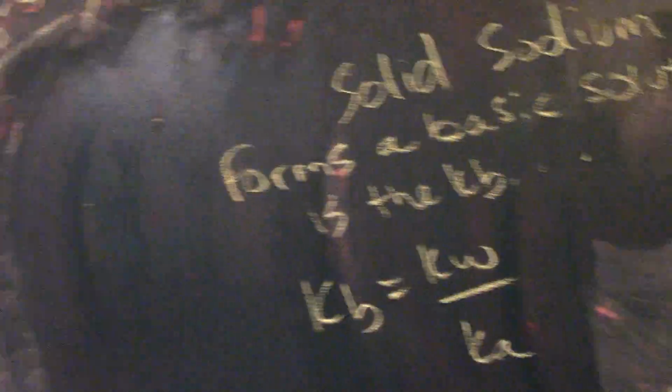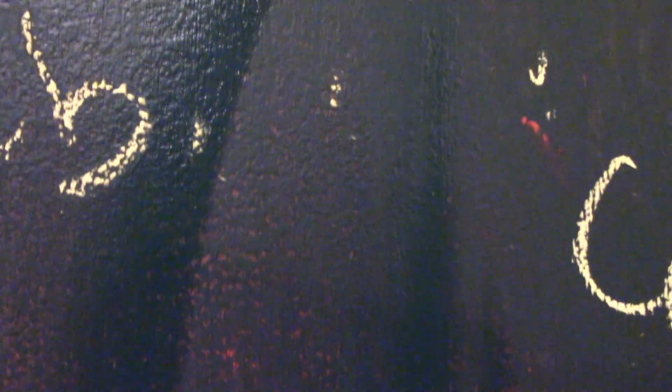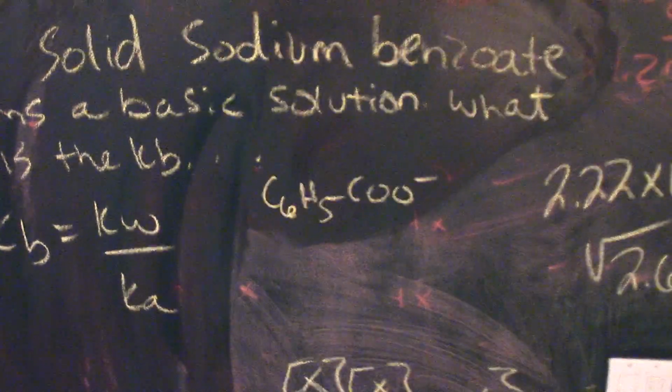So Kb equals Kw over Ka. For the sodium benzoate, my Ka for that, I have a C6H5COO negative ion, and my Ka equals 6.3 times 10 to the negative 5.